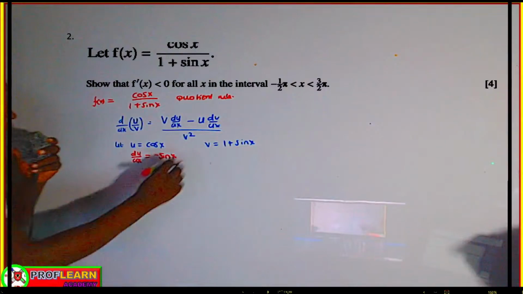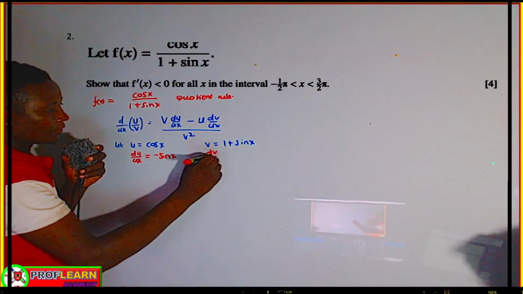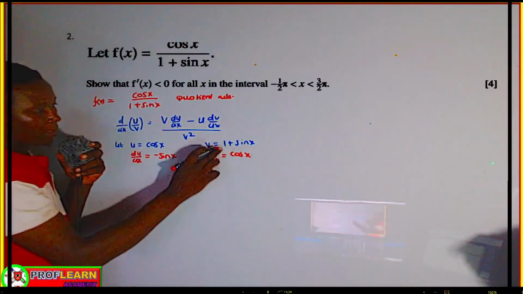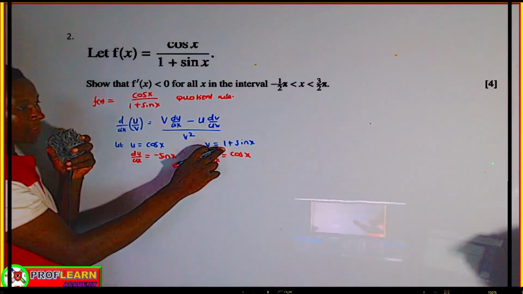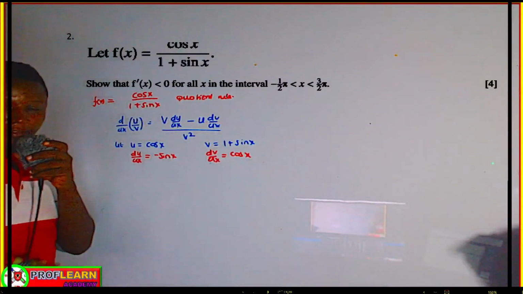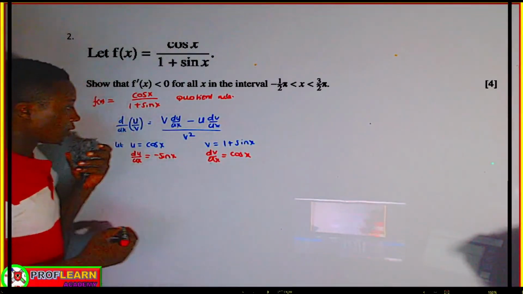Also, if you find dv/dx, this is going to translate to cos x, because if you differentiate the first term, it will be 0, and differentiating the second term, which is sine, is going to give you a cosine.